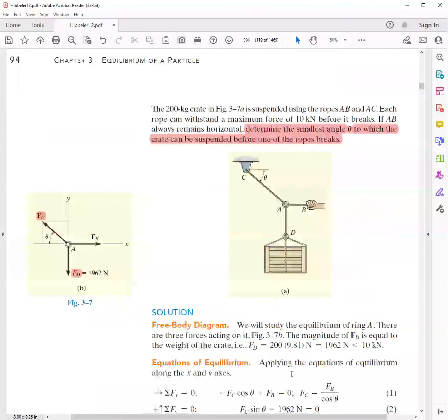Other problems they have, where geometry is unknown. So here, what would be the angle for which, by a pulling force not known, will max out the tensile strength capacity of cable AC, which is 10 kilonewtons. Right.